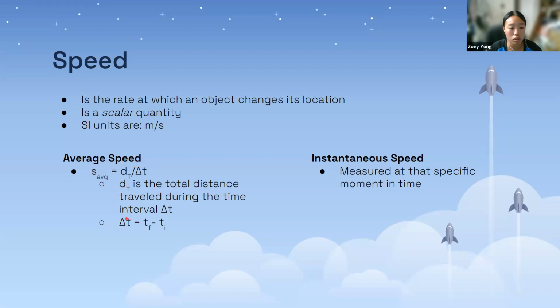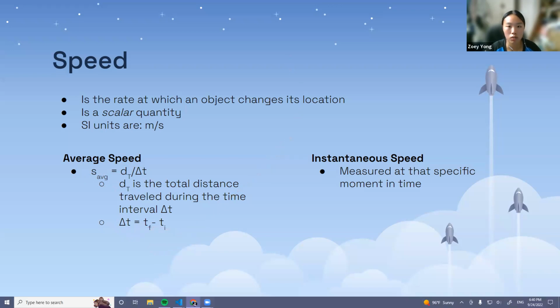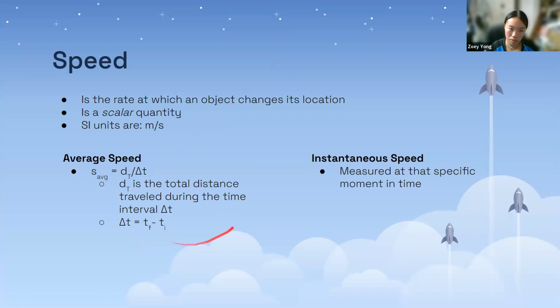For the change in time, you calculate it as the final time minus the initial time. For example, if you have a ball that starts rolling at one point and you have a timer, you're doing an experiment with the ball and it rolls. You start the timer once it starts rolling, and once it reaches maybe the bottom, you stop the timer.